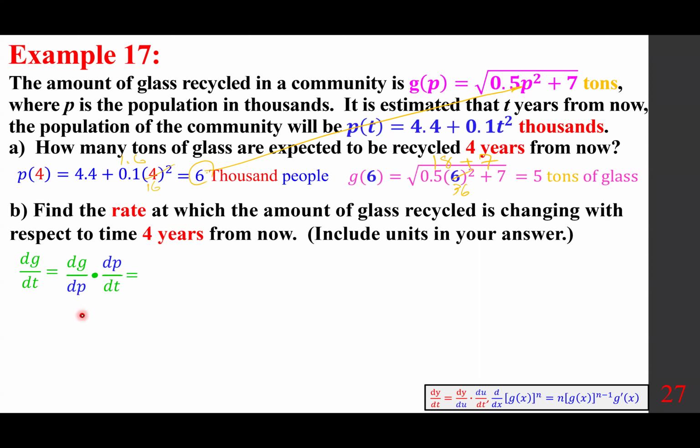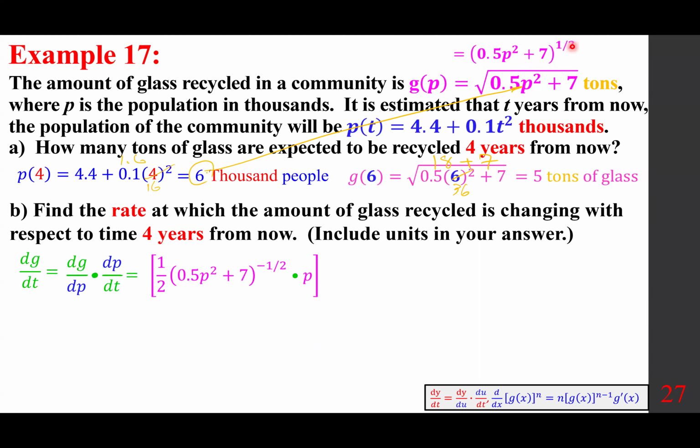So for dG/dP, we have to differentiate this piece, and to do so, we are going to rewrite this to the power of 1/2. We take it out, so we make it ready for the extended power rule. And so this part becomes 1/2 times the same thing to the power of 1/2 minus 1, or negative 1/2, times the derivative of the inside, 0.5 times 2P, which is P. Let's recap.